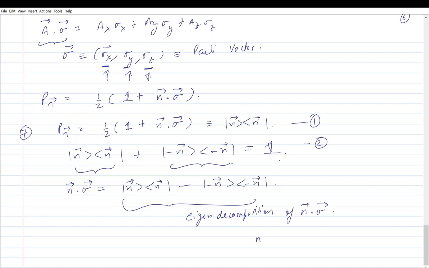In other words, n is an eigenvector with an eigenvalue 1, and this guy is over here.